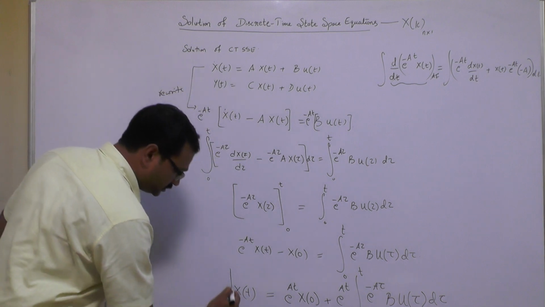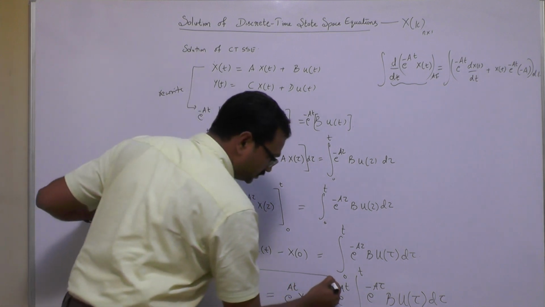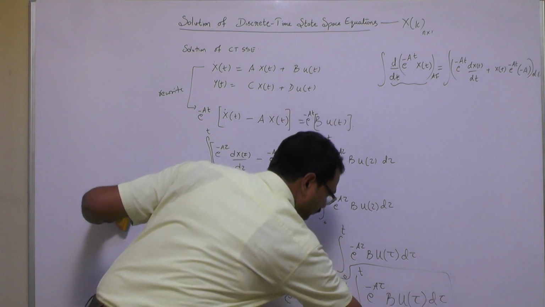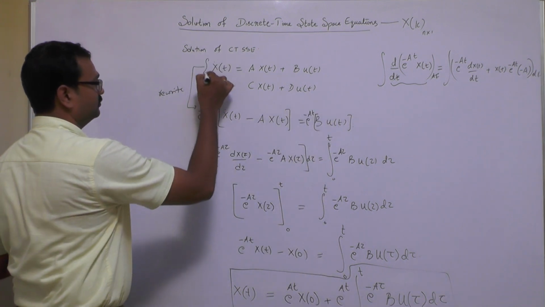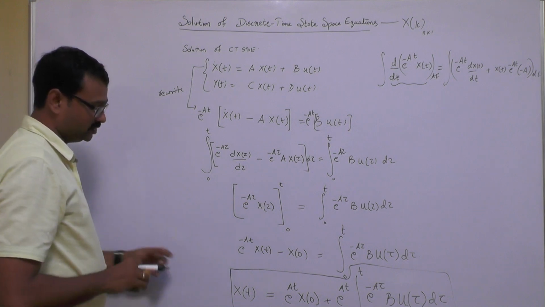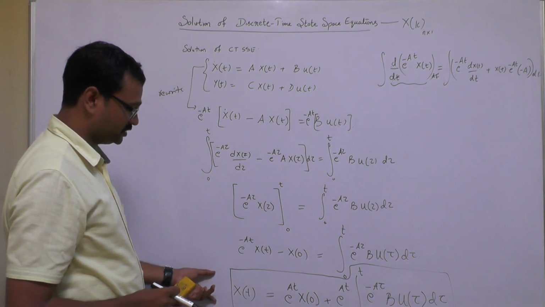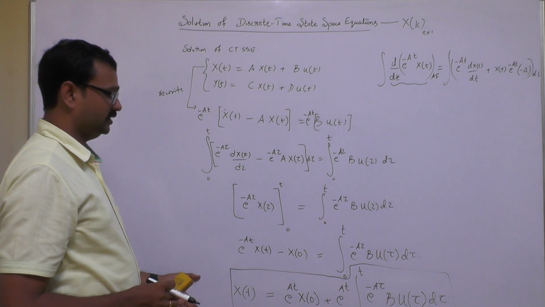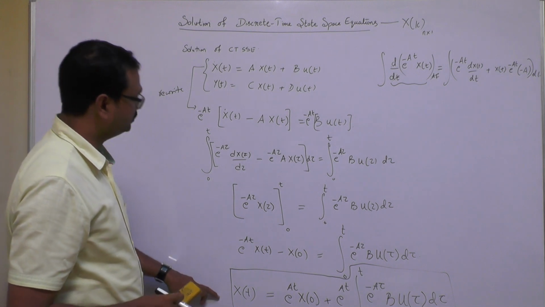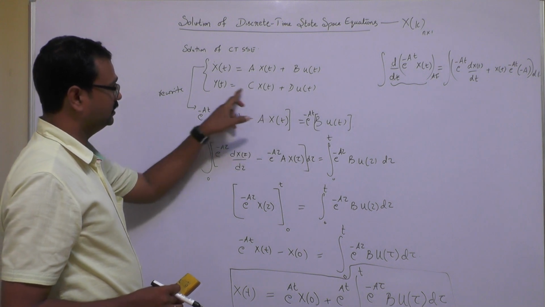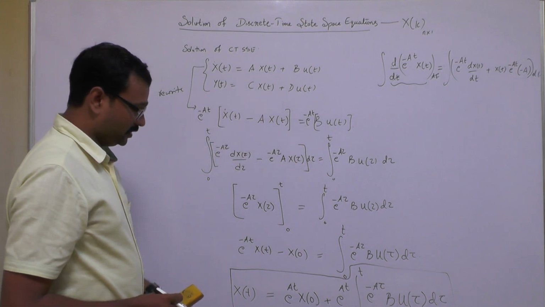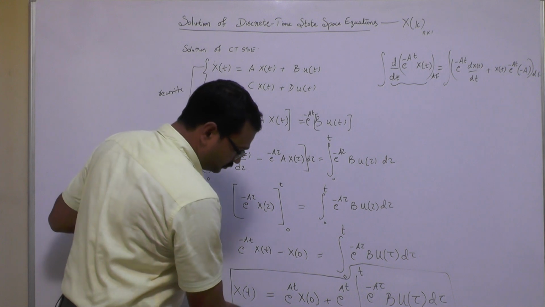So this is the solution for the continuous time state equations. In a similar way, when you substitute x(t) in the output equation, you will get the output. Here it is a combination of two terms.